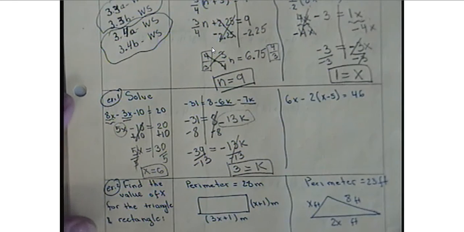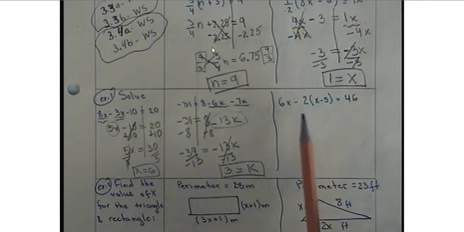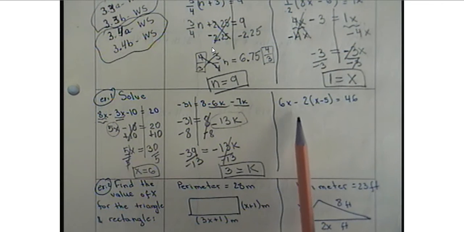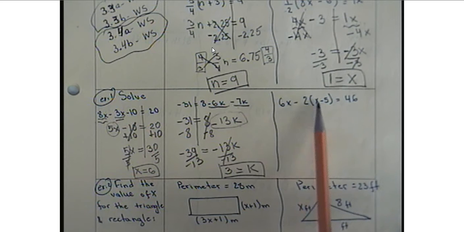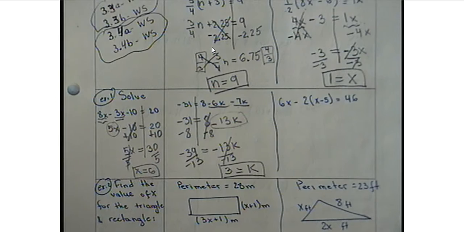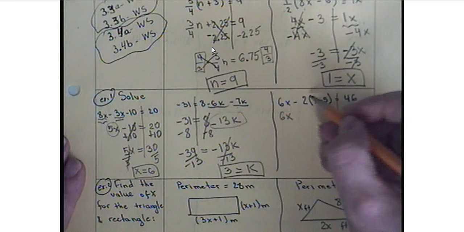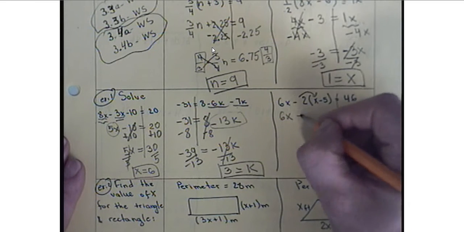Very well. Another example with equations is when we have distributive property and maybe later combining of like terms. So let's start with distributive property and see what we're gonna get here. We have 6x. Negative 2 times x will be negative 2x.